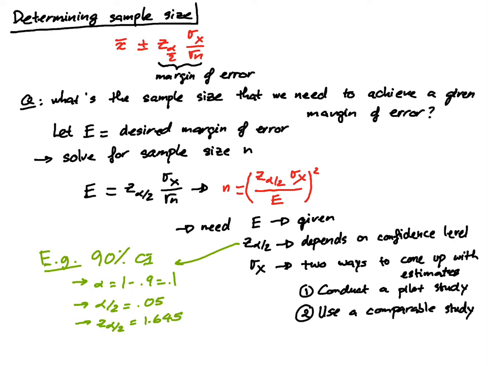For example, if you want to find the mean household income for students at West Georgia, maybe you look at a school similar to West Georgia, and look at the standard deviation of household incomes of students at that school.